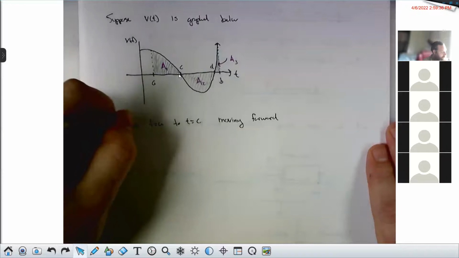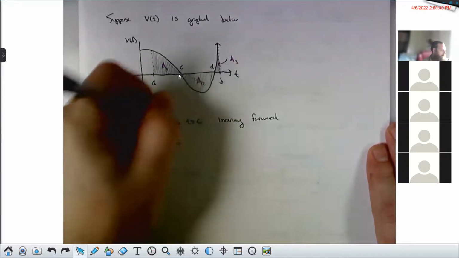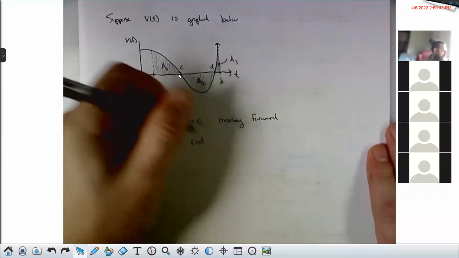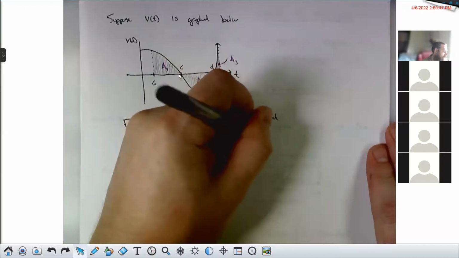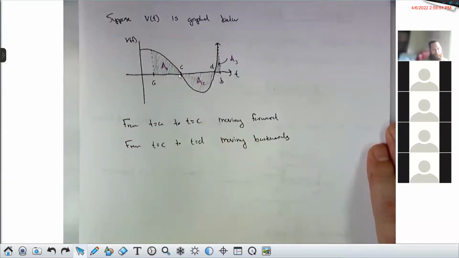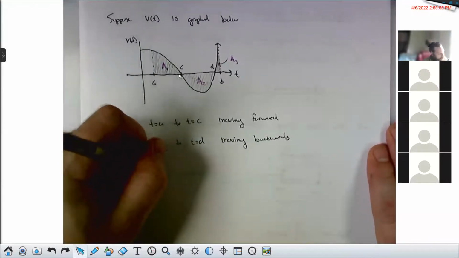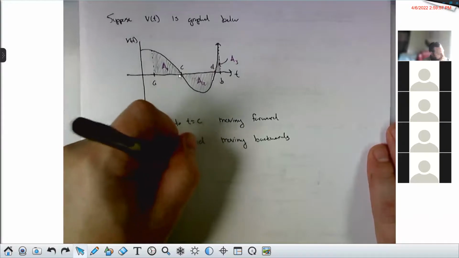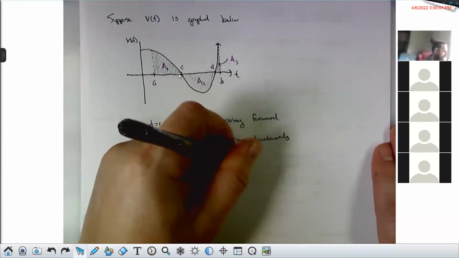From C to D, the object is moving backwards. And from D to B, we're moving forwards again.